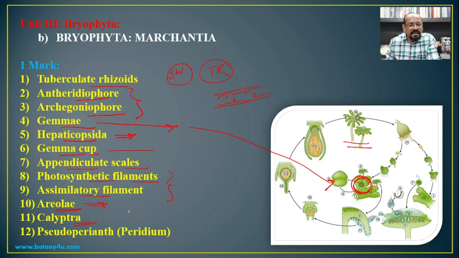Then the outermost cover, unicellular or one cell thick, present around the sporophyte of Marchantia is known as the calyptra. Then pseudoperianth or the perigynium. Around the capsule or sporophyte of Marchantia there is a covering of one or two layers of cells, known as the pseudoperianth, or also the perigynium.